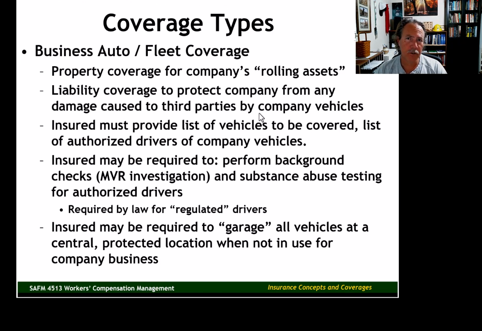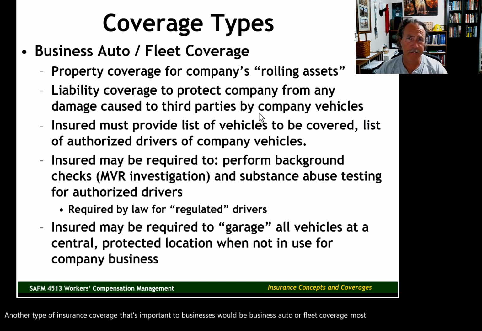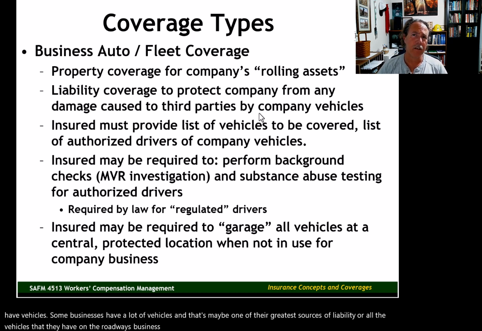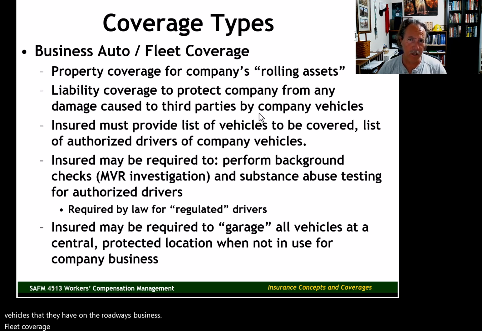Another type of insurance coverage that's important to businesses would be business auto or fleet coverage. Most businesses have vehicles. Some businesses have a lot of vehicles, and that's maybe one of their greatest sources of liability, all the vehicles that they have on the roadways. Business fleet coverage or auto fleet coverage protects the company's rolling assets.